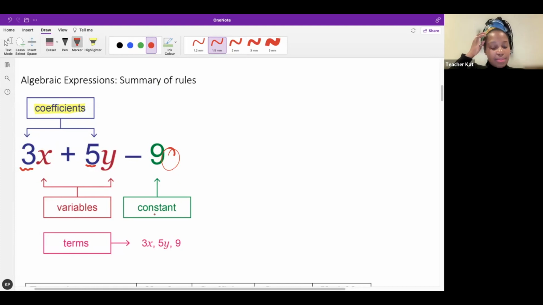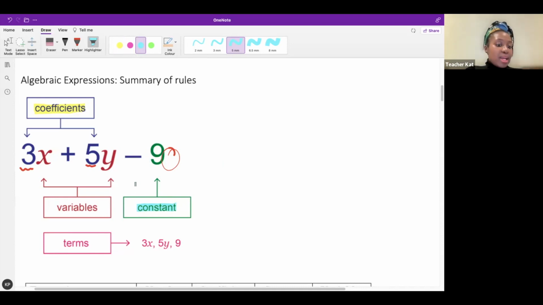Instead, a number that doesn't have a variable next to it, we call a constant. That is because it does not change. Negative 9 will not change its value. It will remain negative 9. That's why we call it a constant, because it remains constant.